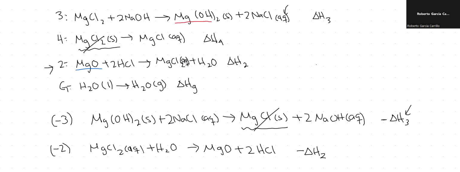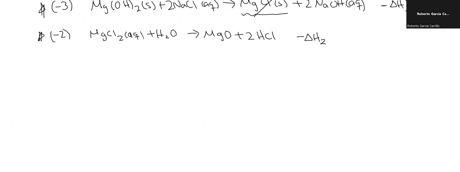We can also cancel out aqueous magnesium chloride from reaction, oh, I'm sorry, you can only deal with this reaction, with this reaction, with this reaction, with this reaction, and I missed the pot number 5 reaction.